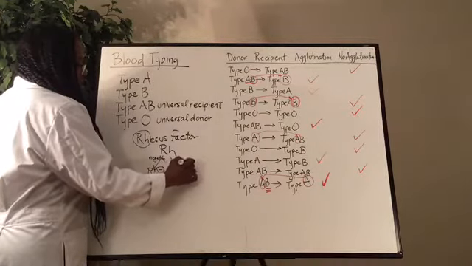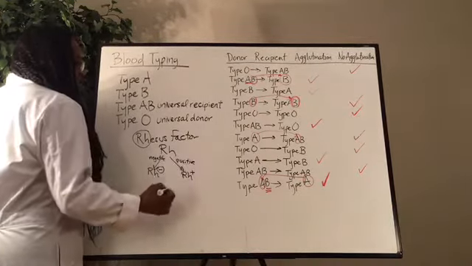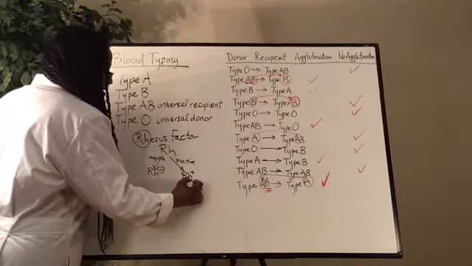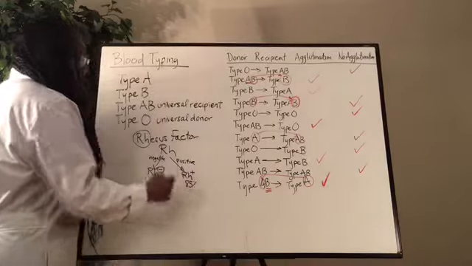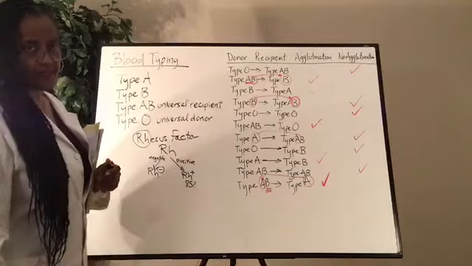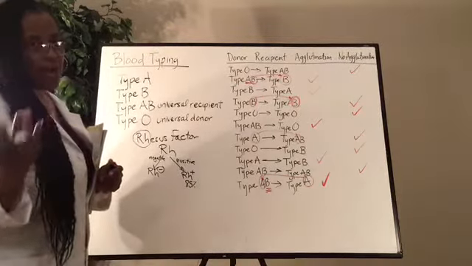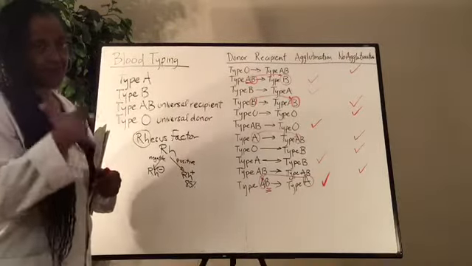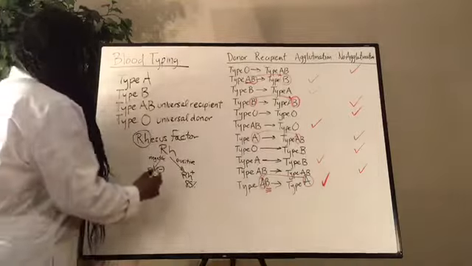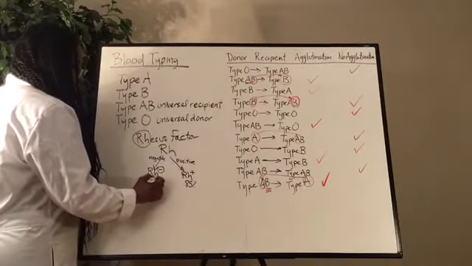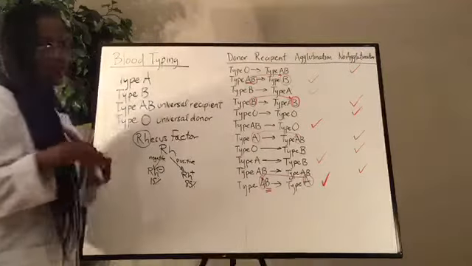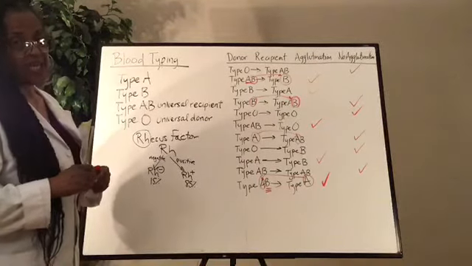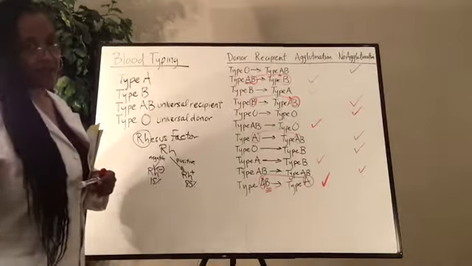Now in the United States, about 85% of the people are RH positive. So like for me, I'm O positive. So I have an RH factor, so I'm positive for having RH. 15% of people in the United States are RH negative, meaning they do not have an RH factor.